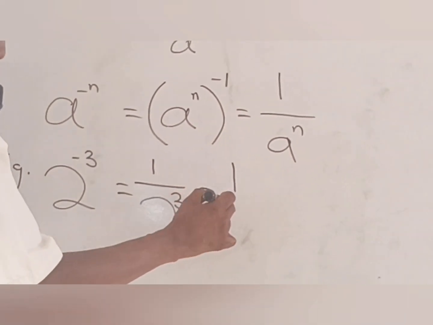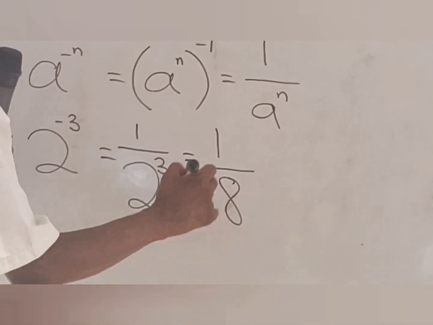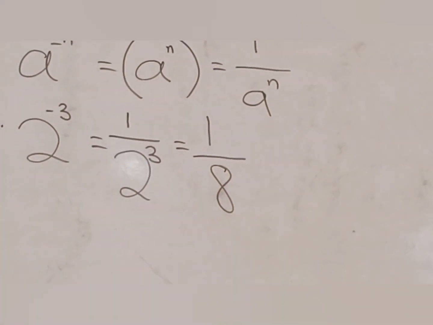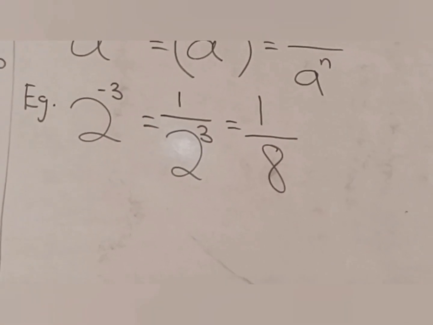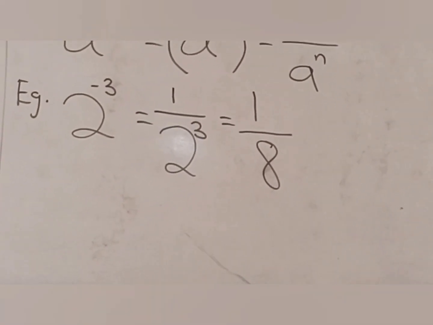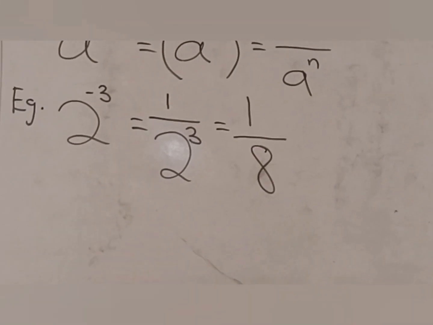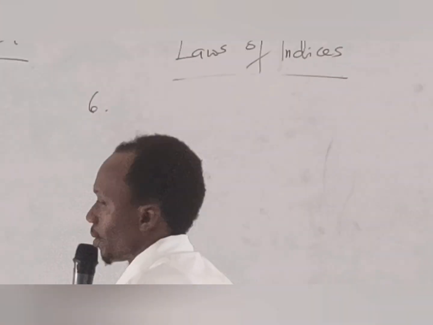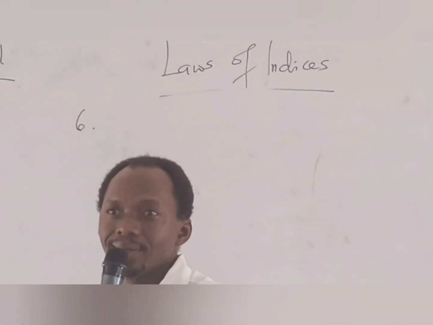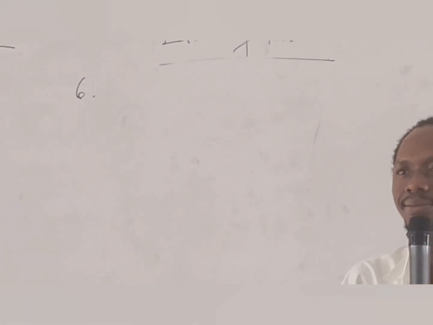So we get 1 over what? 2 to the power 3 is what? 8. Any question?